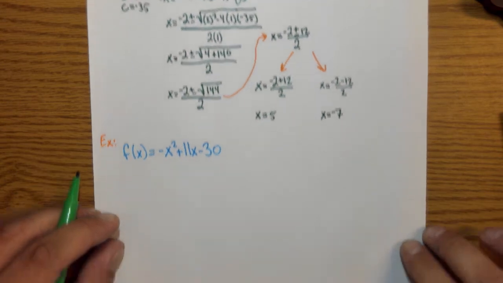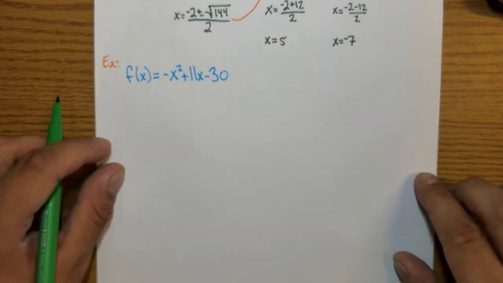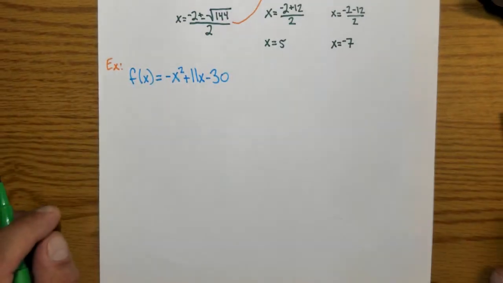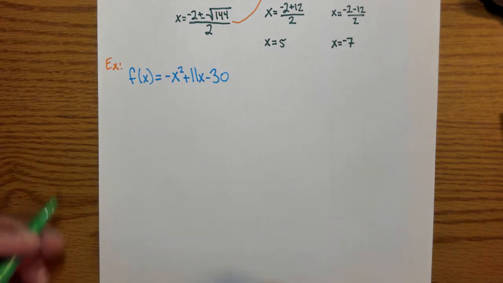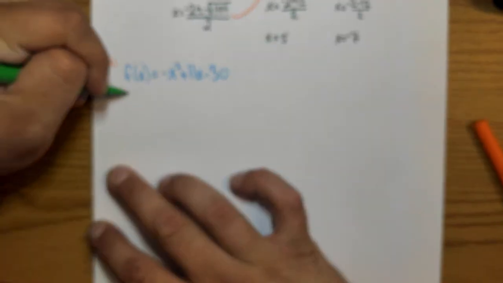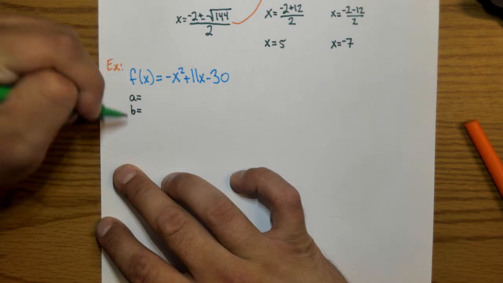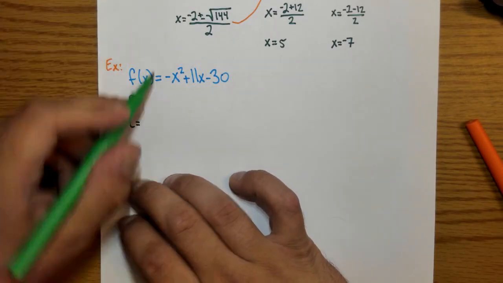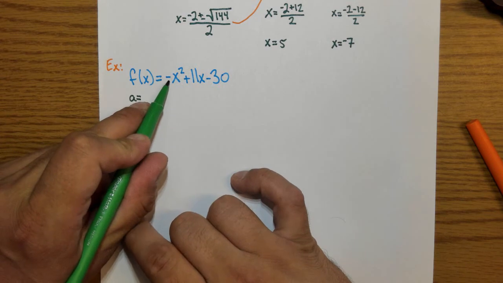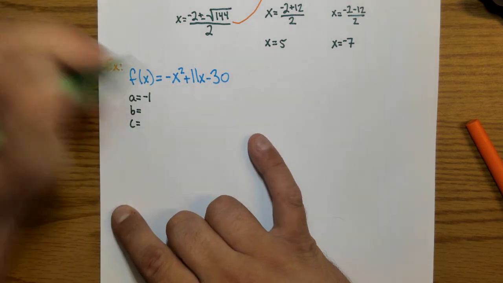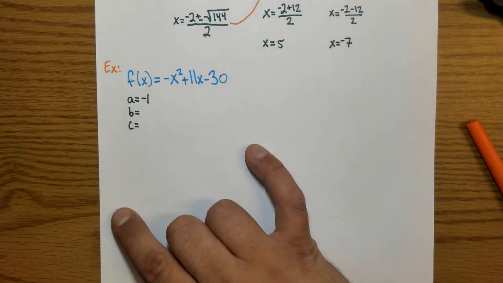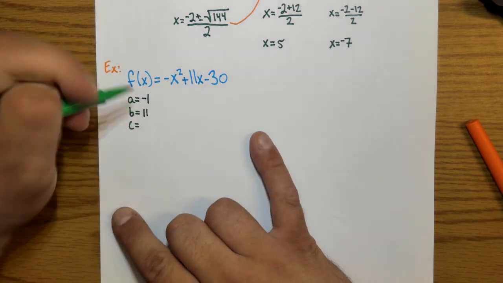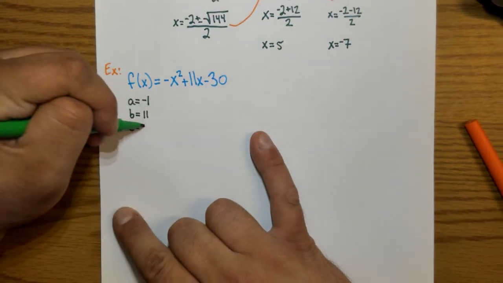All right, let's do one more of these before we move on to the word problems. Again, we're going to start off by defining our a, b, and c. And let's see, in this case our a is negative 1. There's a negative out front. And b is going to be 11, and c is going to be negative 30.